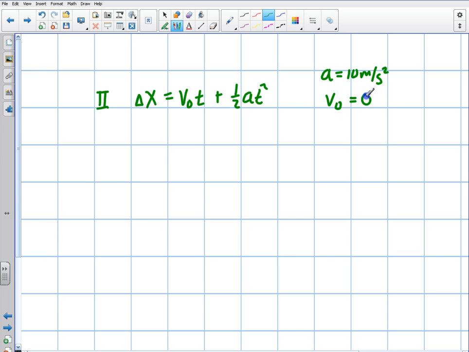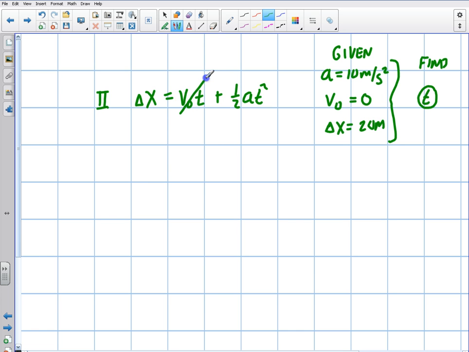It's going to travel, delta x, 20 meters. Okay, so you're given this. And again, we're going to ask you to find t here. What's the time? So this is the second scenario, and these are going to get easier and easier as I go down. You'll see it's pretty easy as we get down here.